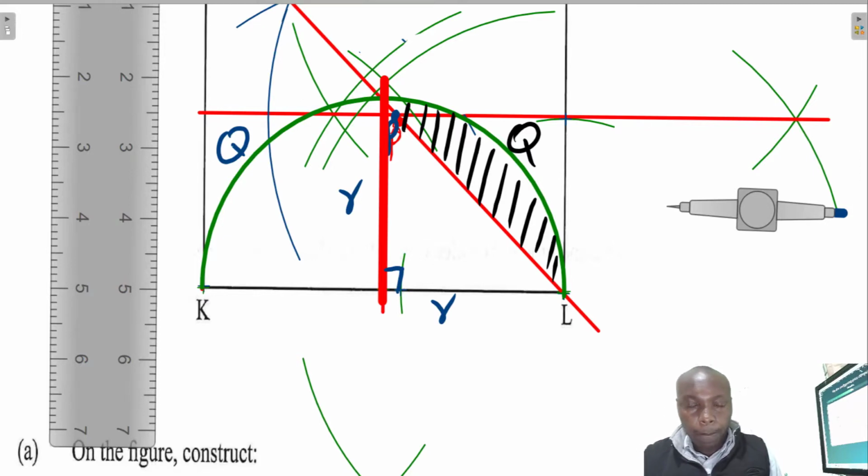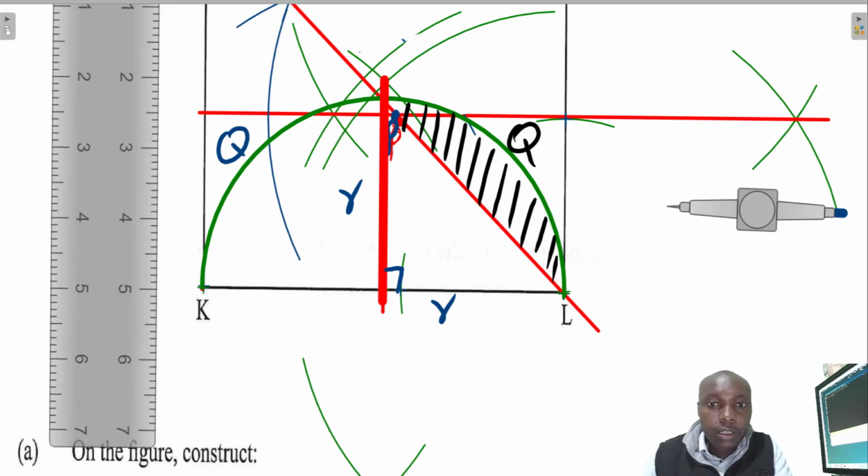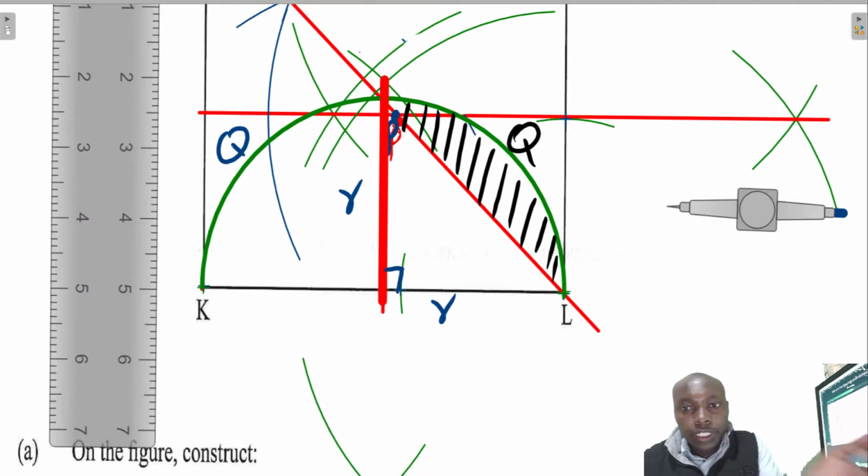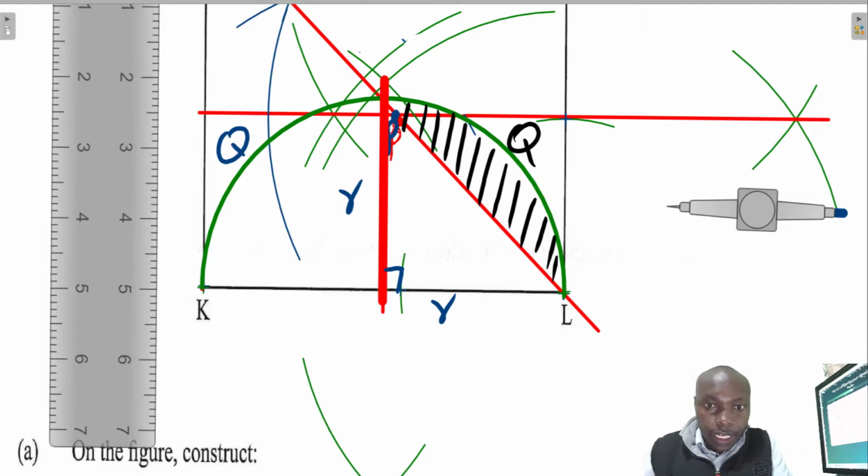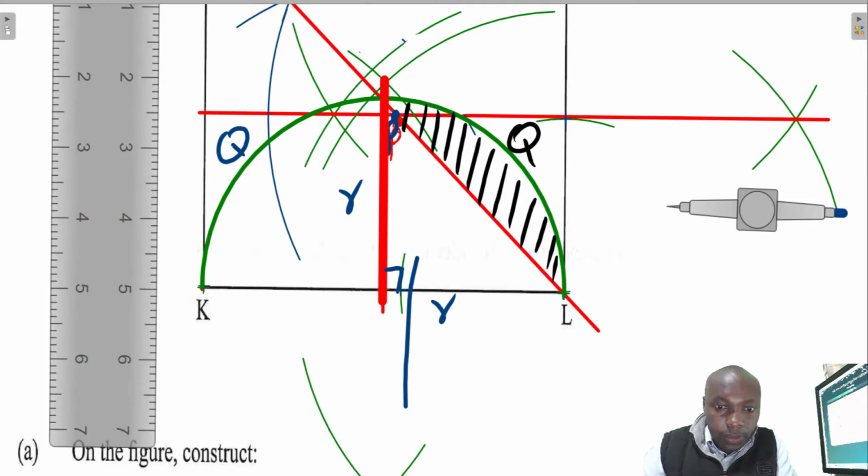The area of the shaded region will be obtained by getting the area of the sector, and then subtracting the area of that triangle that is here. We simply need to take the measurement of this radius, and since the measurements I've used are not exact unless I measure, I'll just demonstrate it here.